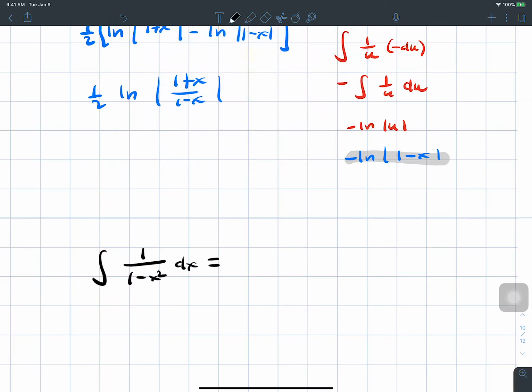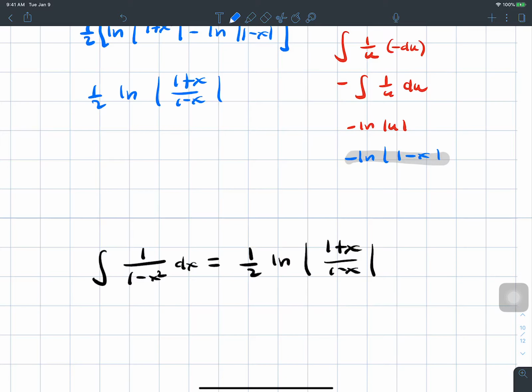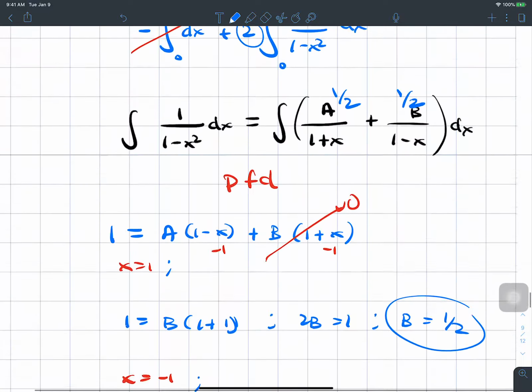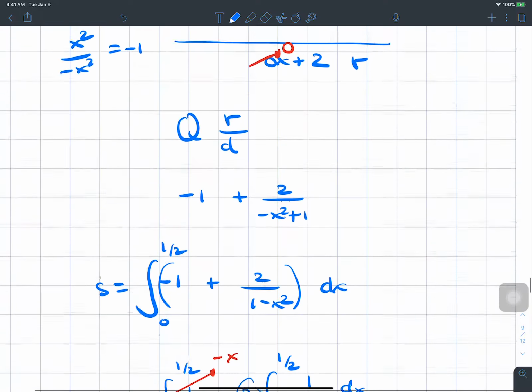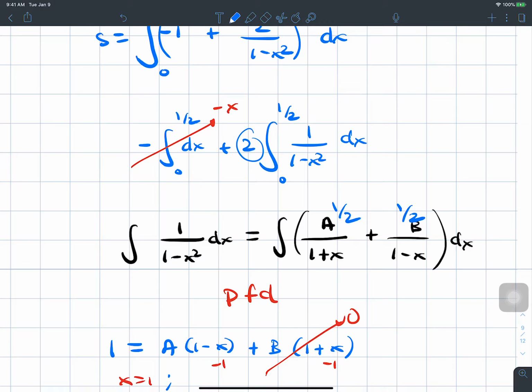This is what we're going to end up using. So I want to let you guys know this integral sometimes shows up. That's why I'm writing this as a note. Anyway, okay. So here we go. Let's put this all together. Don't forget, this is where we're going back to.